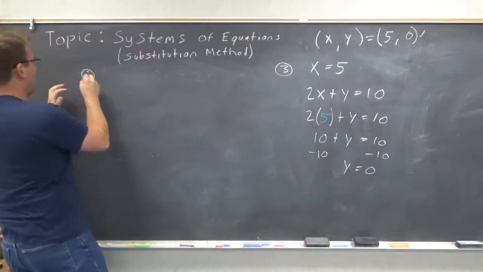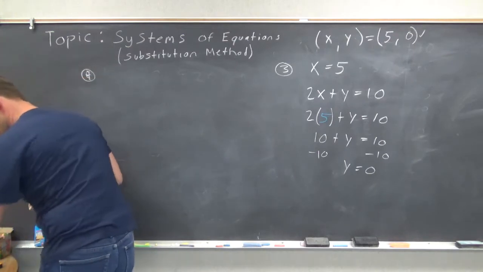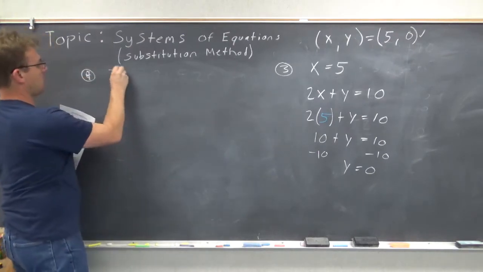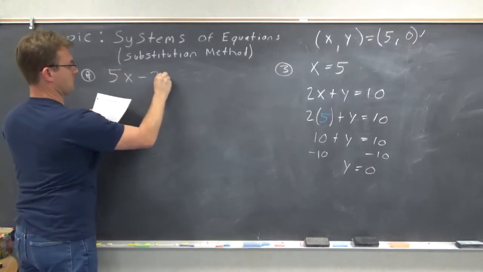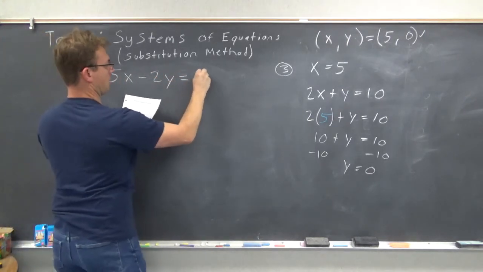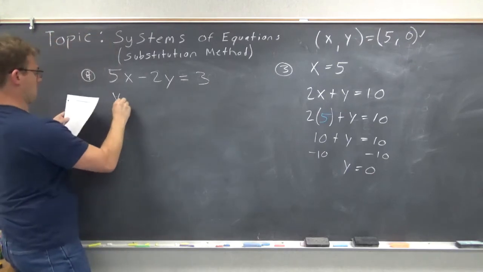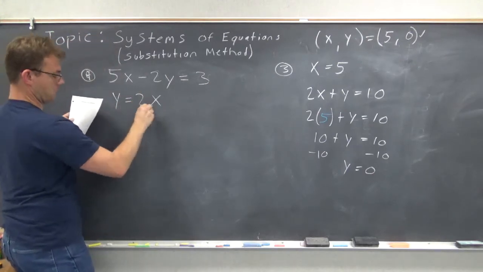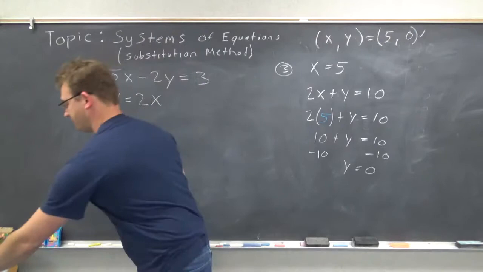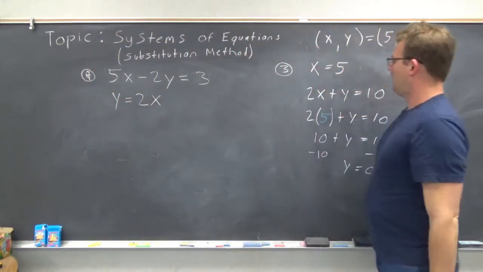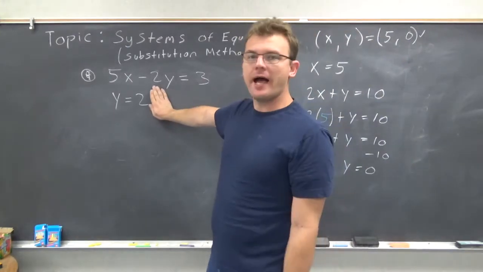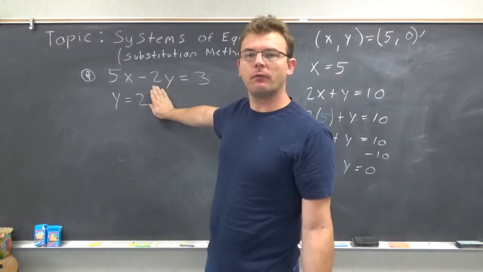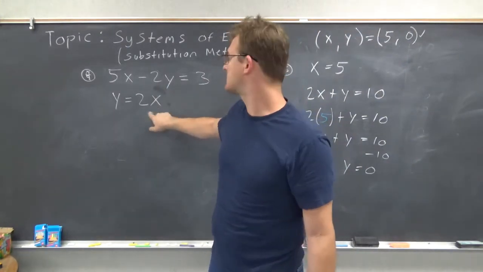Number 4. Okay. Number 4. Now you're thinking, well, I don't have just the answer for y, I have 2x for y.